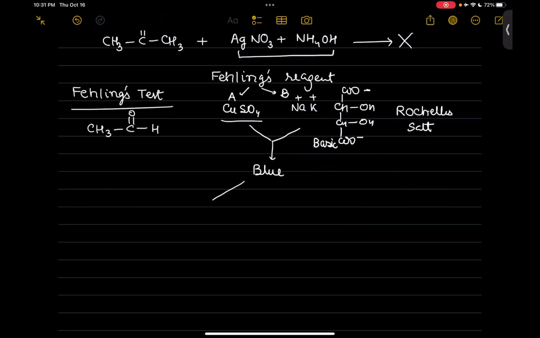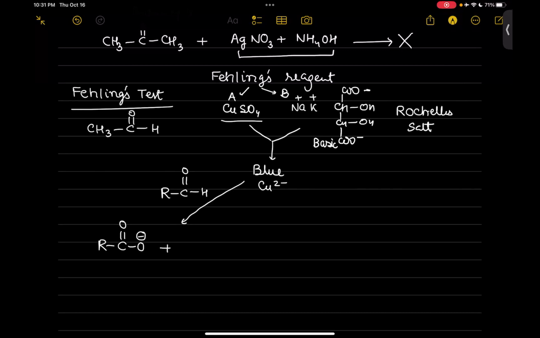If you take any aldehyde, the aldehyde will get oxidized to RCOO minus, and the copper will get reduced. This is copper 2 plus, got it?